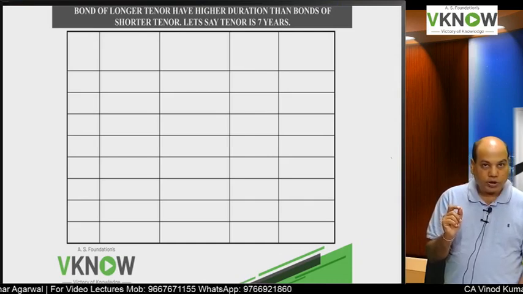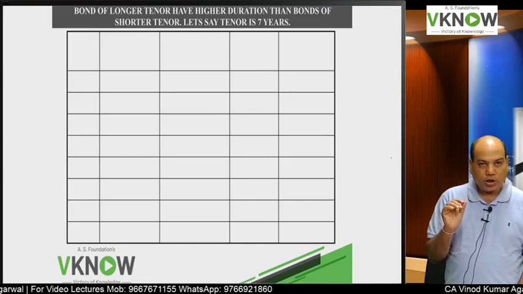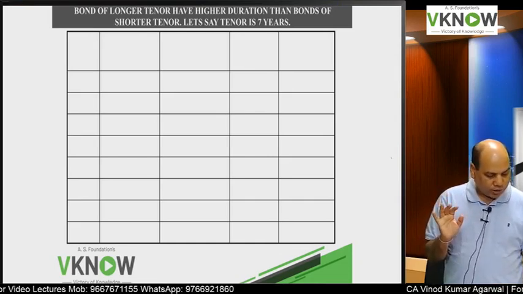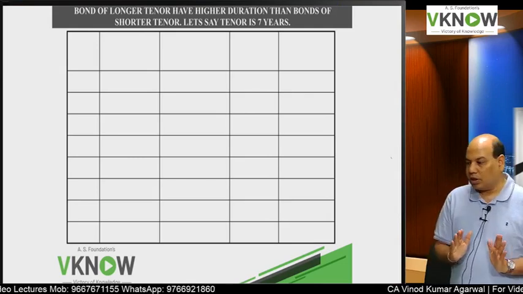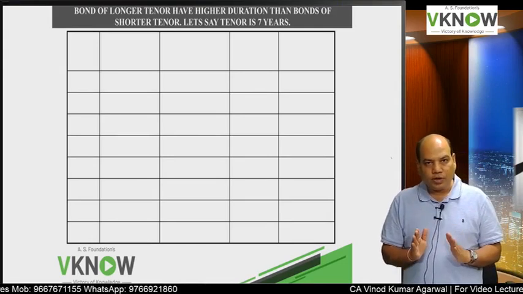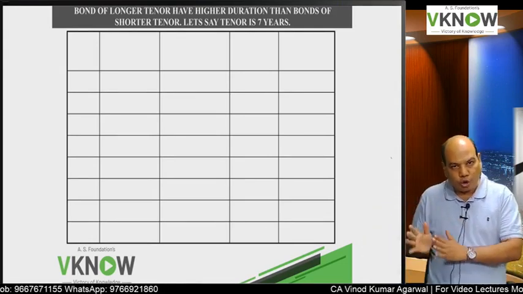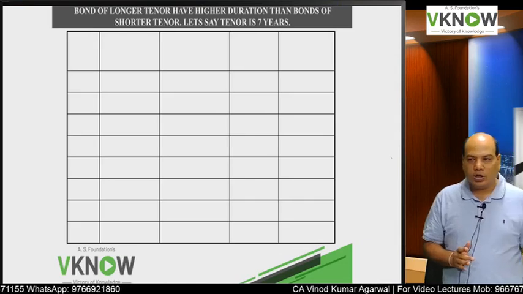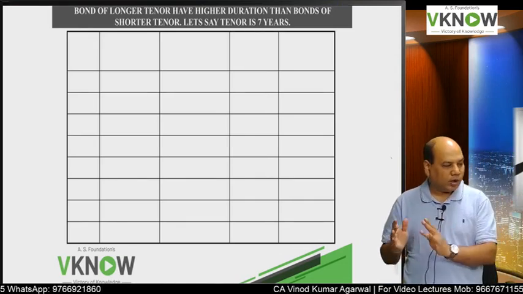Question number 42 on the previous page has 5-year maturity and question 44 has 7-year maturity. I have kept other figures as they are, just to prove that the 7-year bond will have a higher duration than a 5-year bond even if their coupon rate is same and YTM is same.